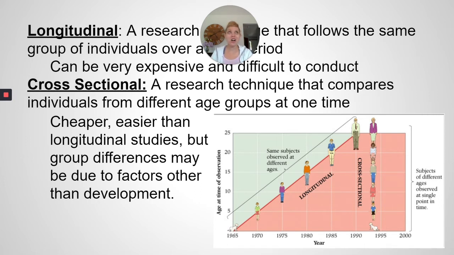But longitudinal studies give us an immensely rich pool of data to learn about people and their behavior and things like how did their education ultimately impact their life?